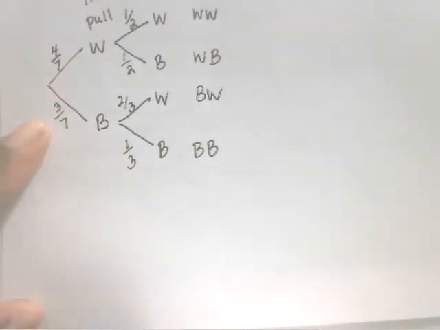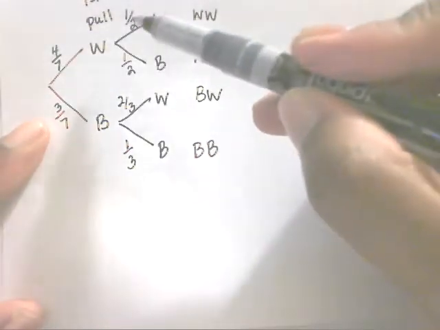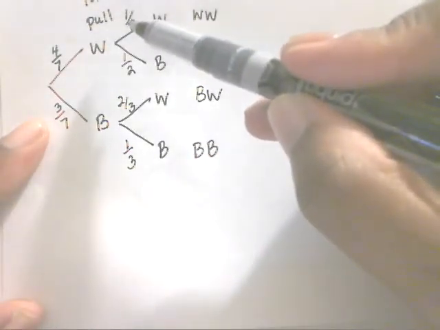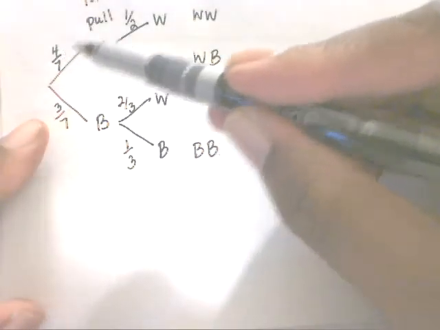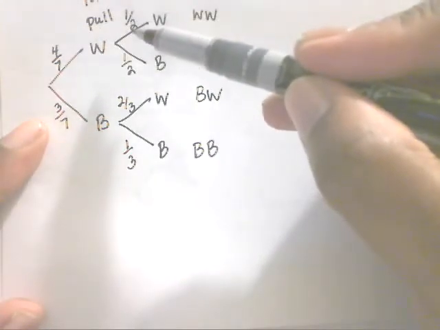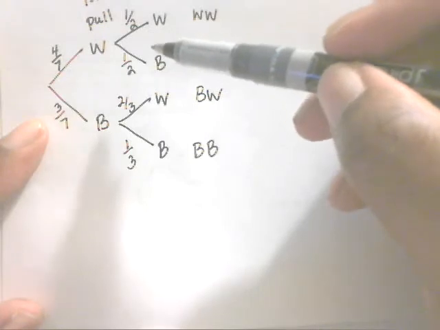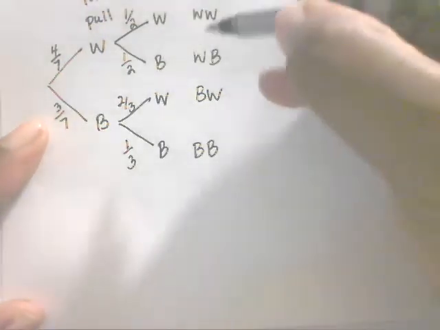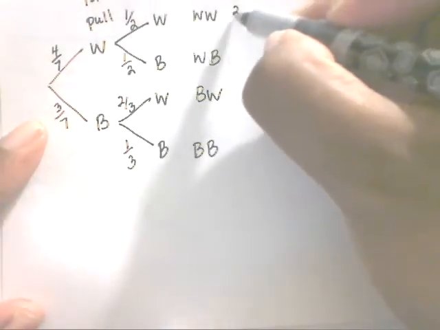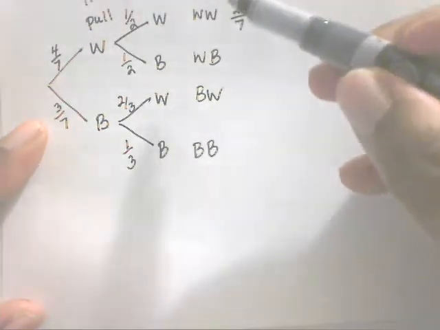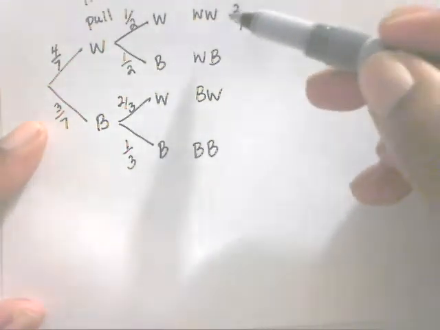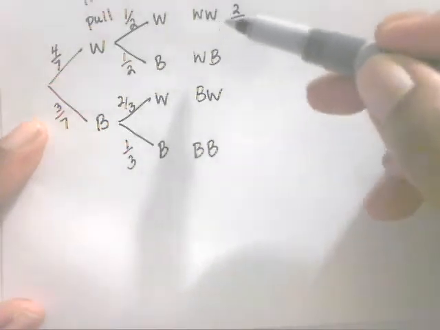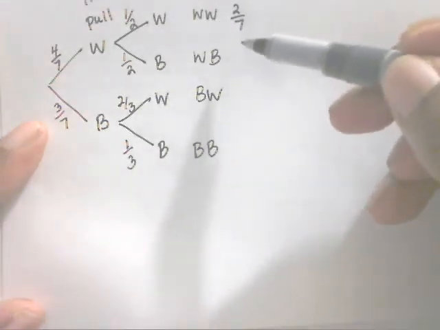Now what I'm going to do here is multiply each of the probabilities that are along each of the branches. So if I multiply 4/7 times 1/2, that will give me 4/14, which will be 2/7. So the probability of pulling two white balls will be 2/7.